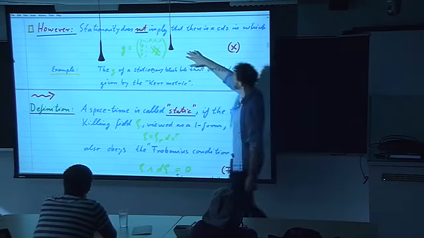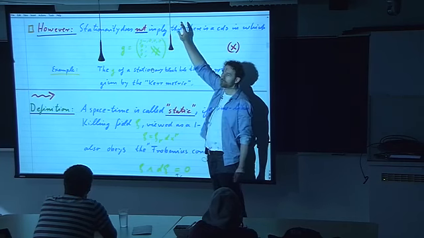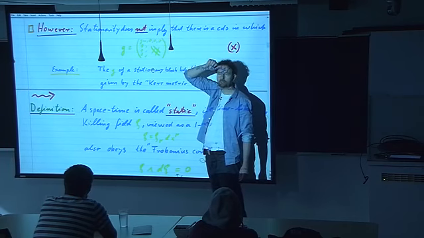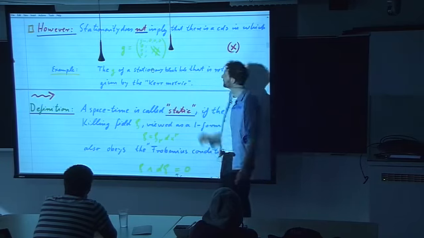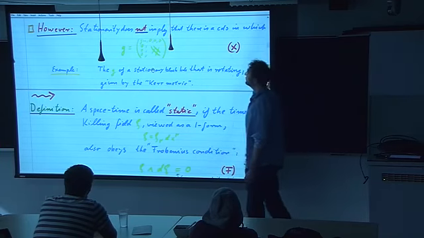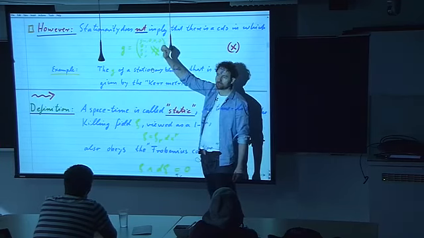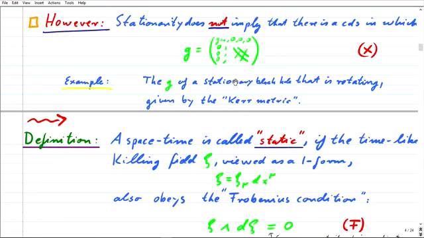So for example, a Schwarzschild black hole, a non-rotating, very simple black hole, would be a static spacetime, because you can write down the Schwarzschild solution in a way such that it doesn't depend on time. And the Schwarzschild solution can also be put in this form, that it's stationary.